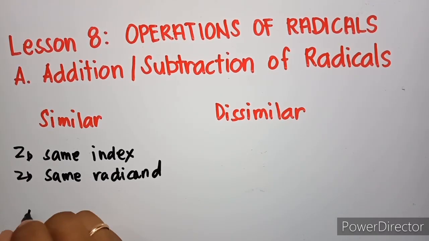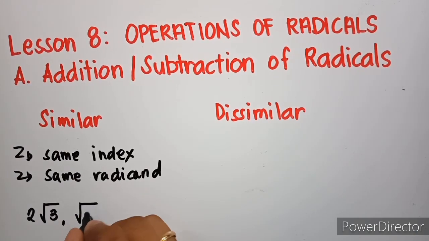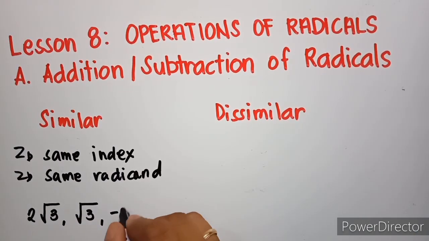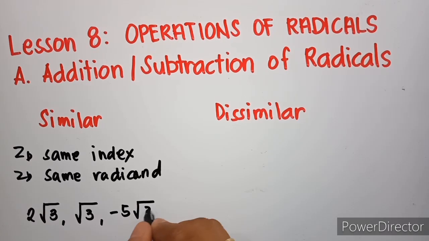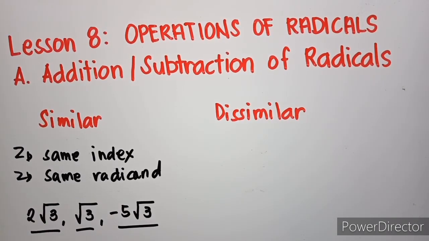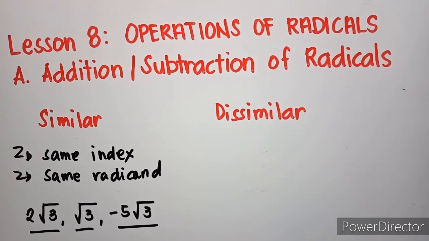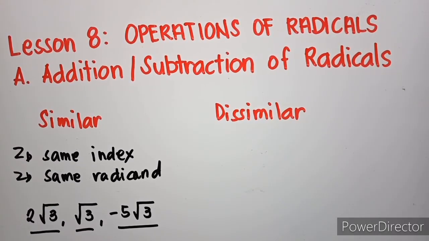Example: 2 square root of 3, square root of 3, negative 5 square root of 3. These are similar radicals because all of these terms have the square root of 3.